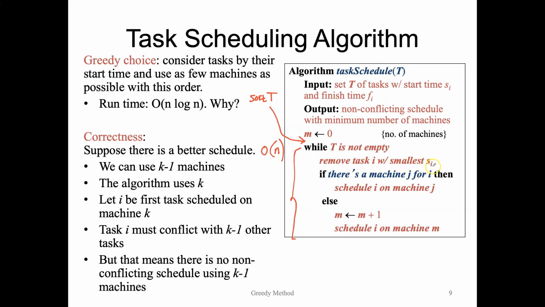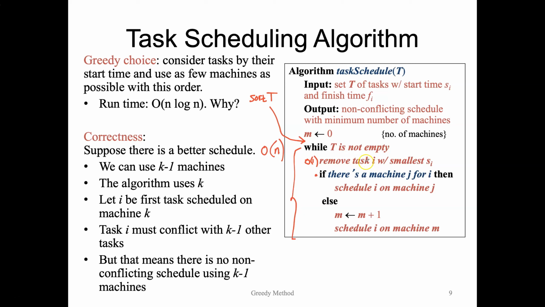That way we don't have to scan through each one, which means that one execution of this line will be constant time. And we're going to run this line n times, which means so far our total is big O of n. But now we have to figure out, how do we check efficiently if there's a machine that can handle this task?